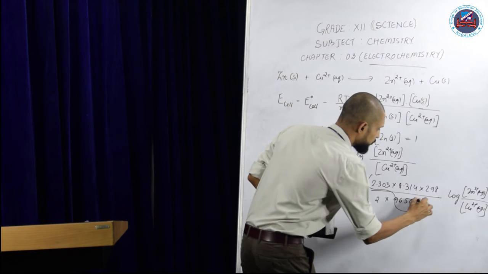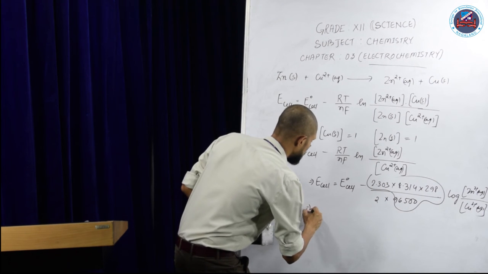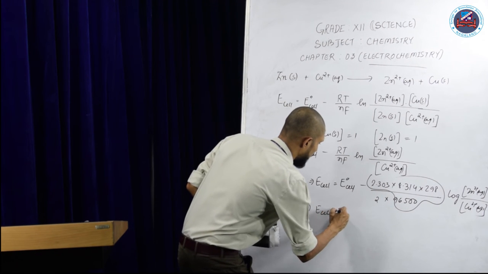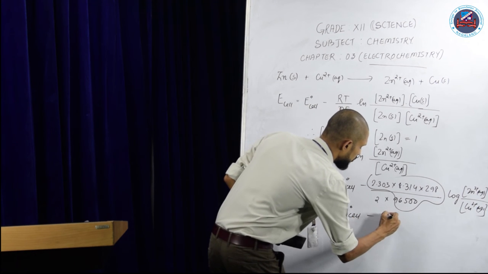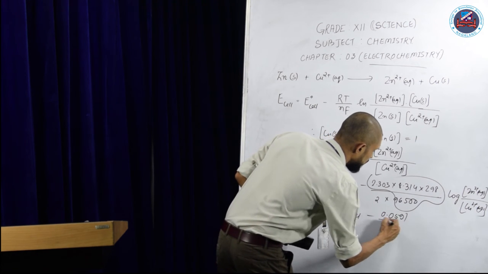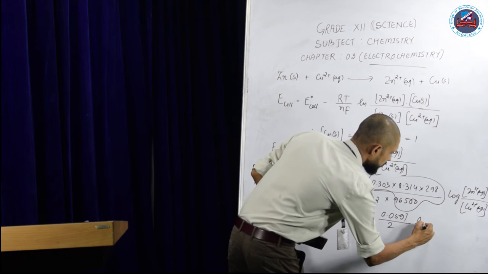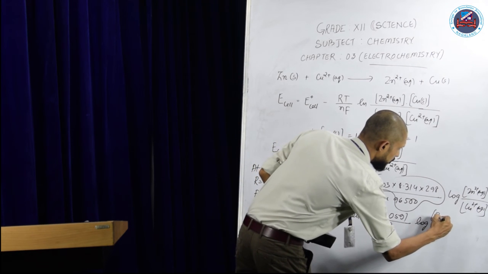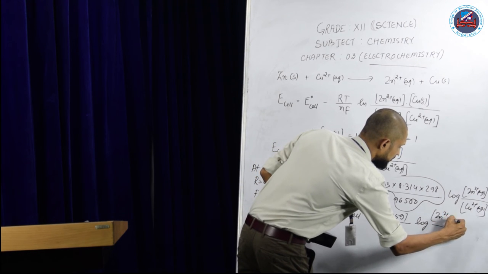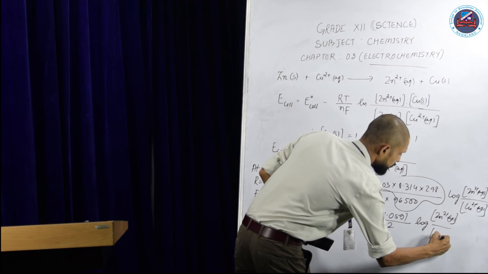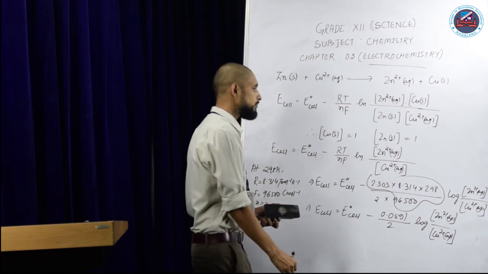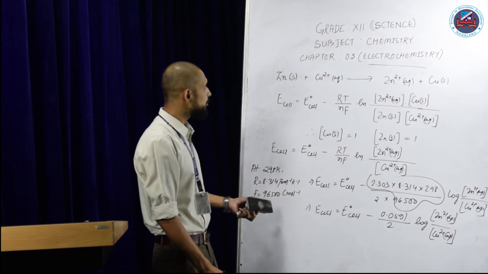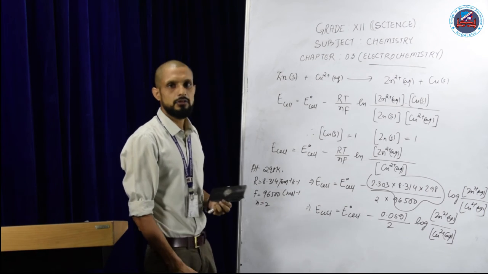If we simplify this part, the value is equal to 0.0591. So E cell is equal to E naught cell minus 0.0591 by 2 log of concentration of Zn2+ aqueous by concentration of Cu2+ aqueous. So this is how we write the Nernst equation for Daniell cell.